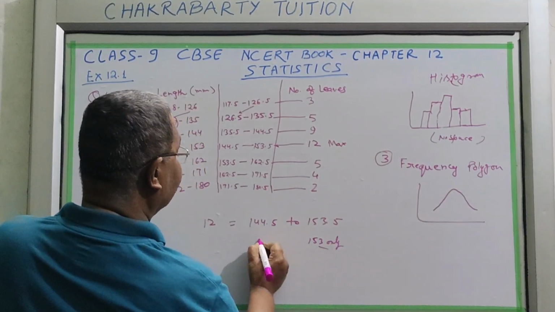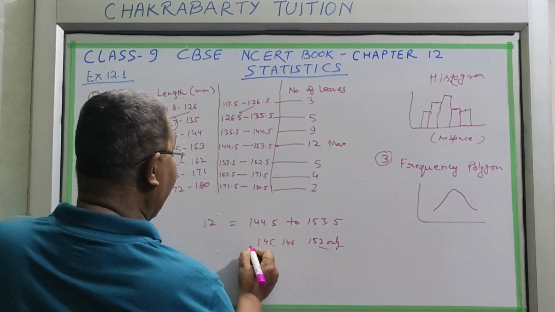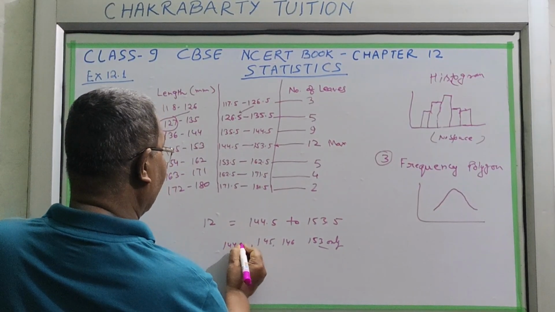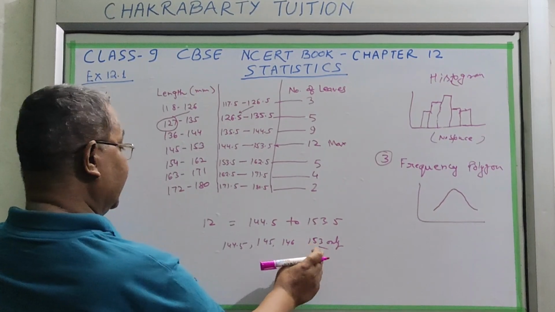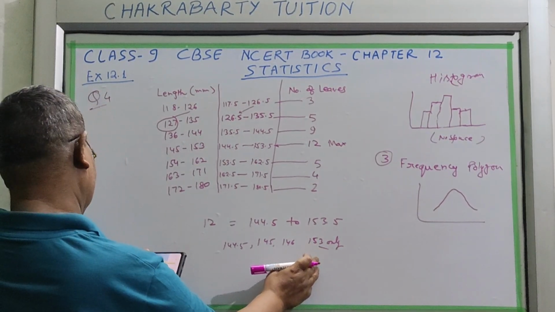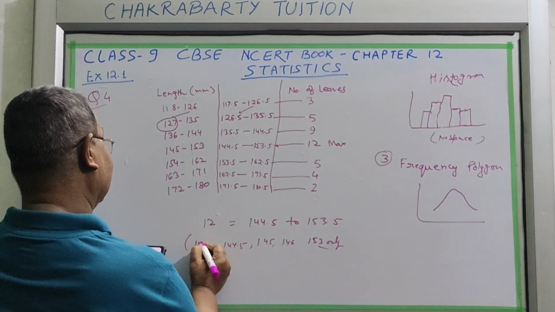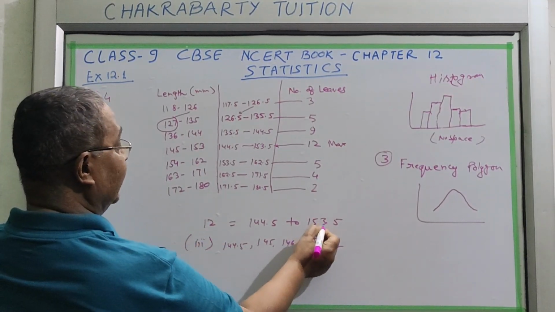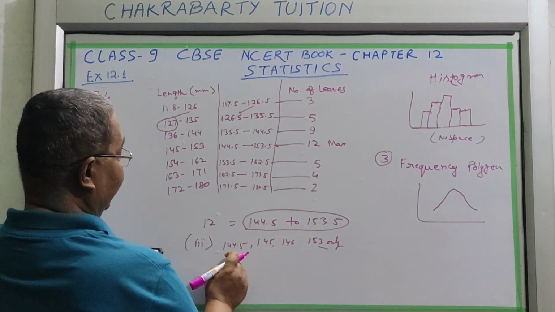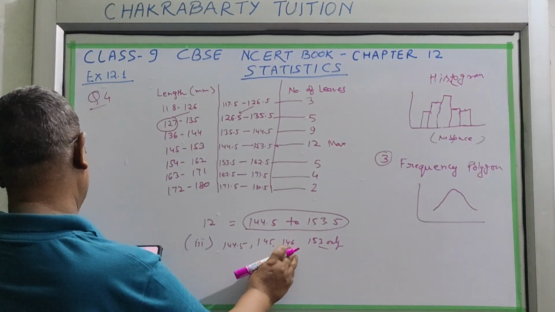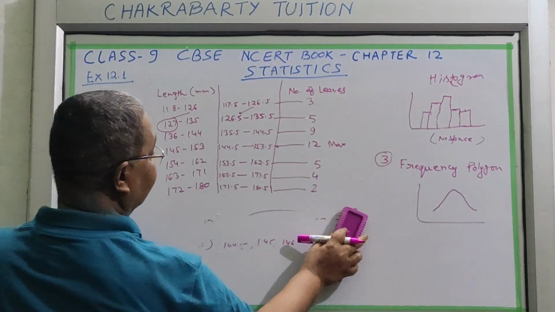It can be 145, 146 or anything in between, and even 144.5 it can be. So this is the reason, and it is your third answer, because 12 belongs to a range, and in the range any number may come.